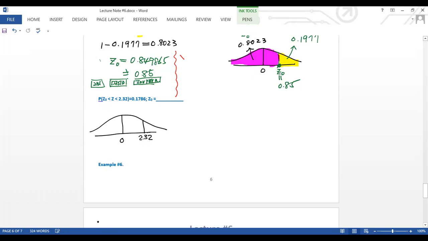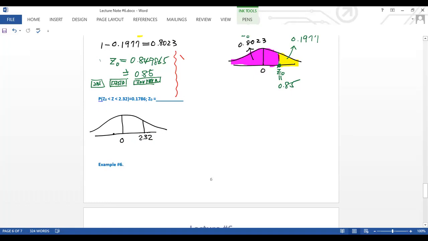So here, they give us the 2.32, and now this one here is equal to 1768. Now you want to find what is the z0 here.